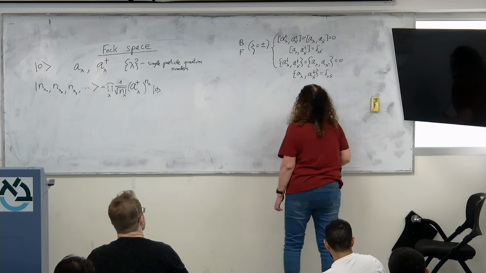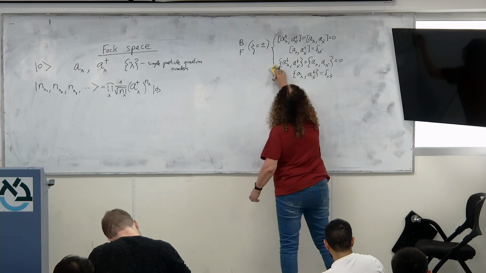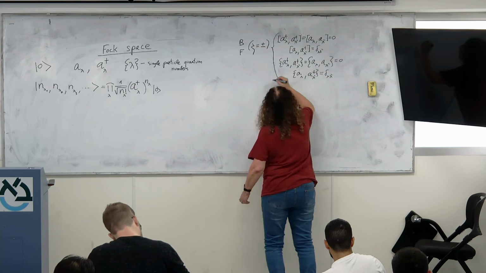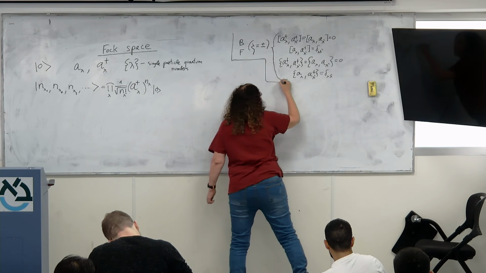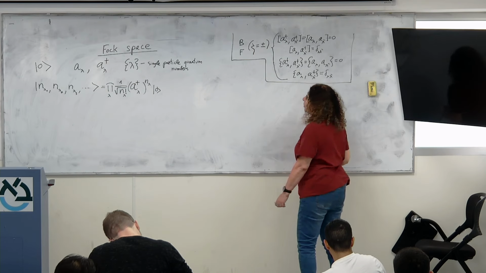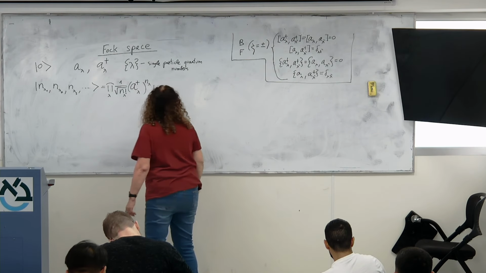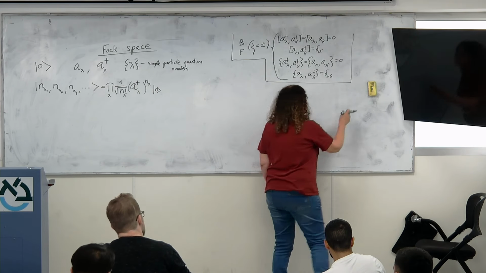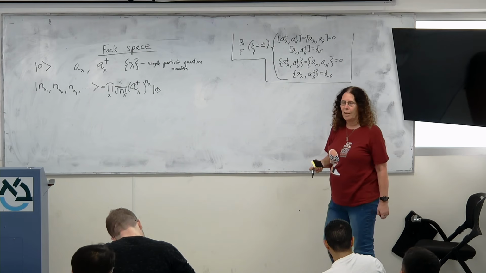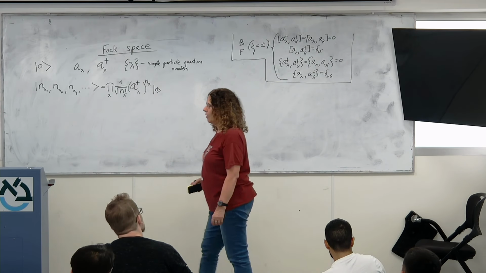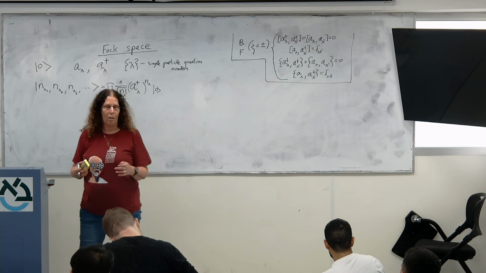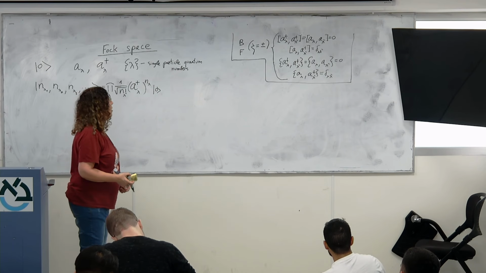Okay, very good. So let's try to leave it here for the rest of the lecture. And now we are going to discuss classification of operators that describe physical quantities.